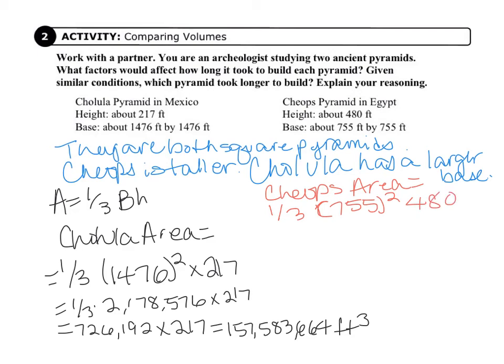So I'm going to do a little math and figure out what 755 squared is. It turns out to be 570,025. So we write that.